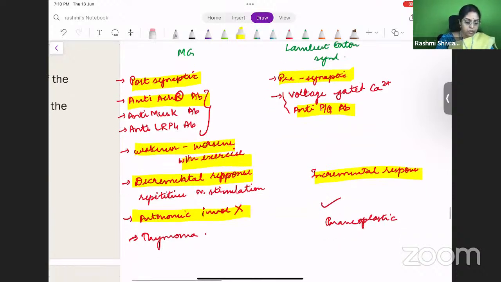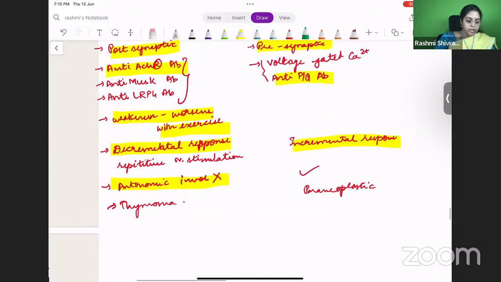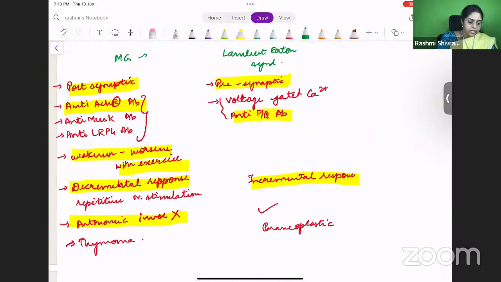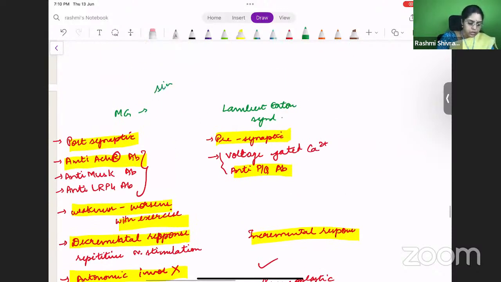One more thing that you must remember is, what is the investigation of choice for myasthenia gravis? It is single fiber electromyography. And what is the drug of choice? It is pyridostigmine.